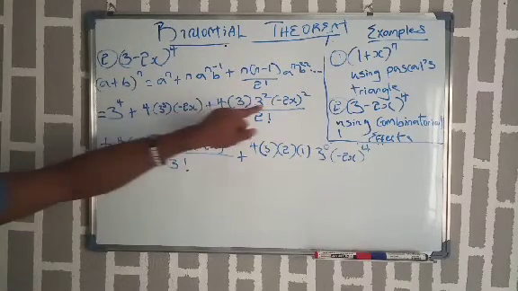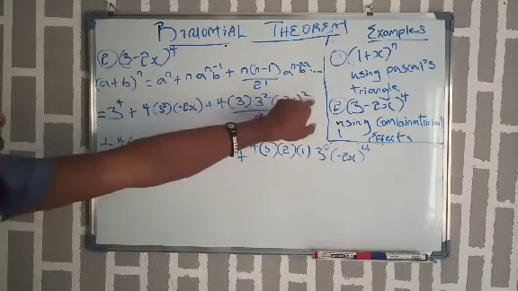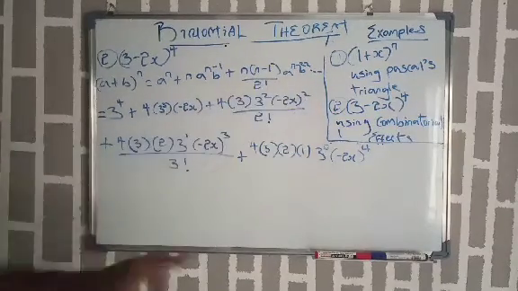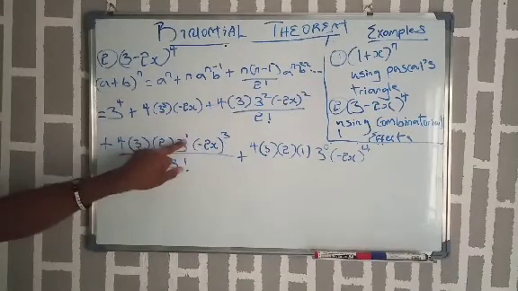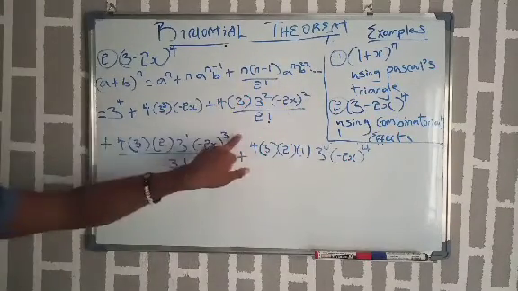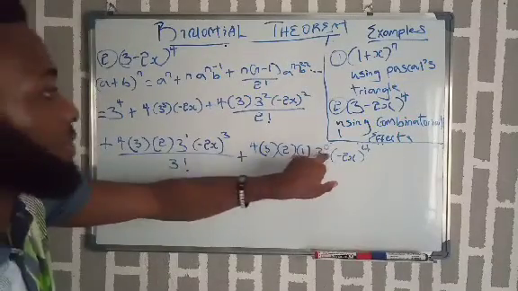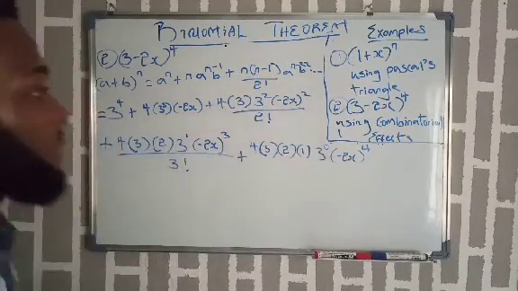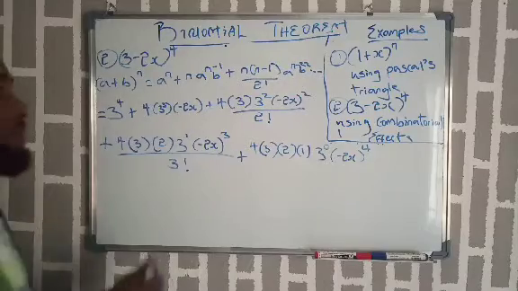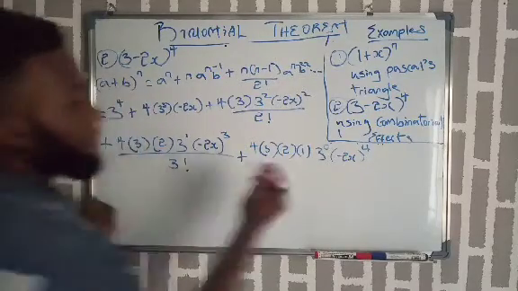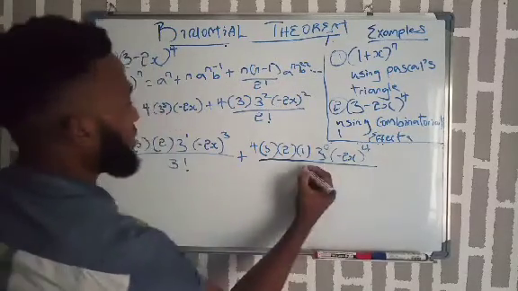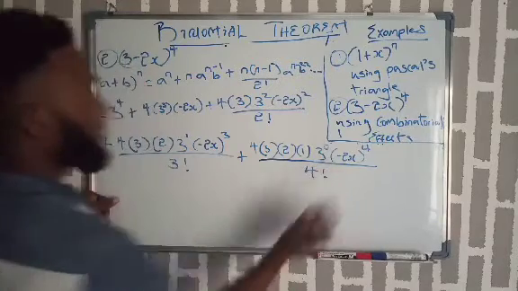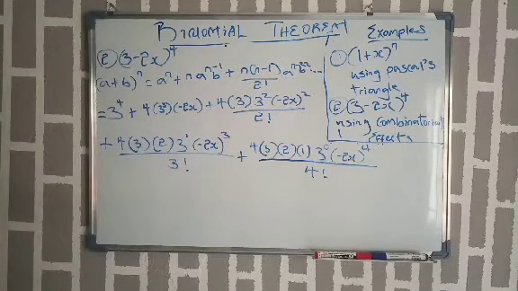Then it reduced to 2 here, and this increased to 2. It reduced to 1 here, and this increased to 3, and it reduced to 0 here, and this became 4. So you don't stop till a becomes 0. You keep on going until a becomes 0. So this is over 4 factorial. Simple as that.